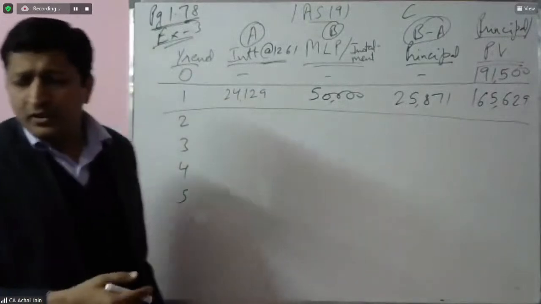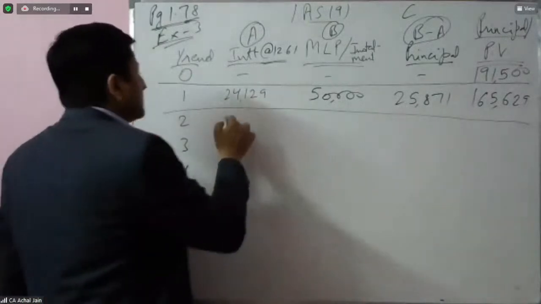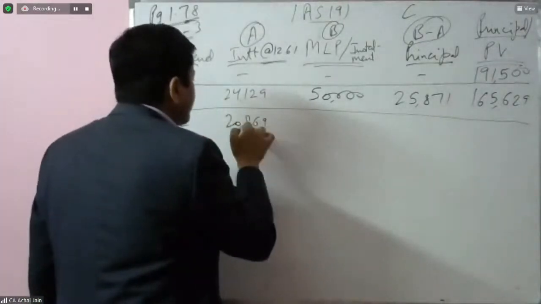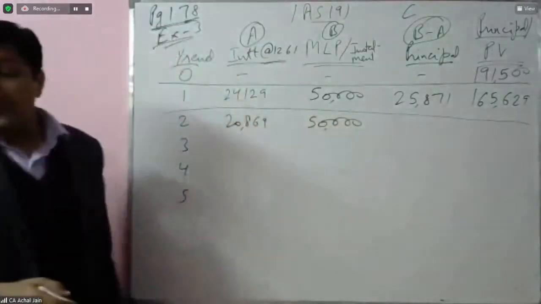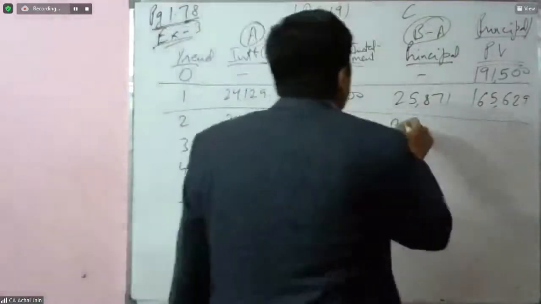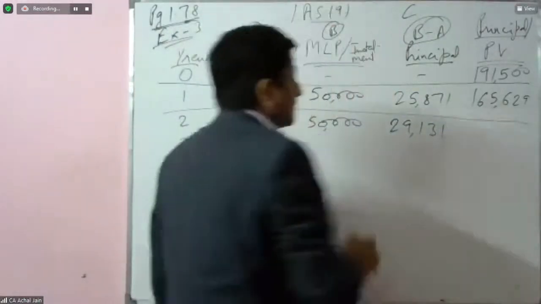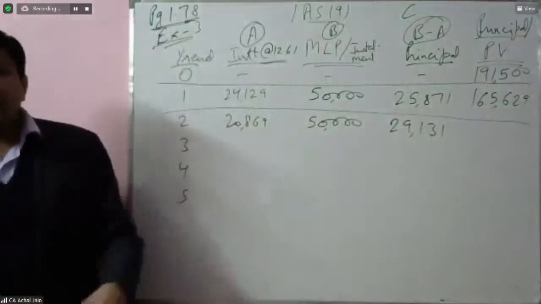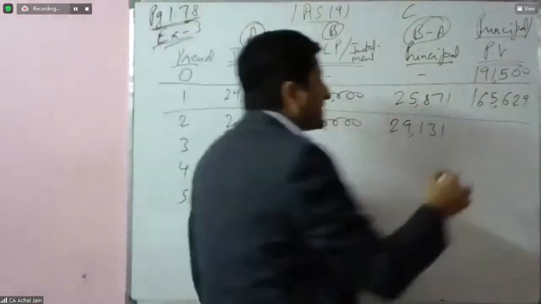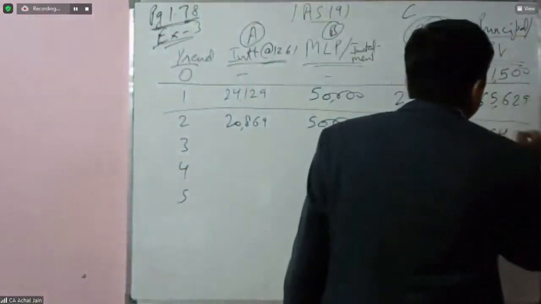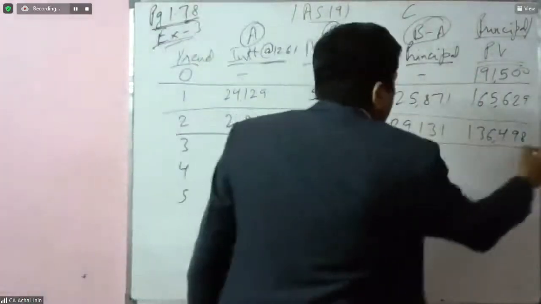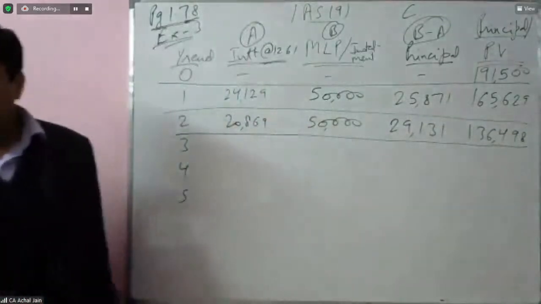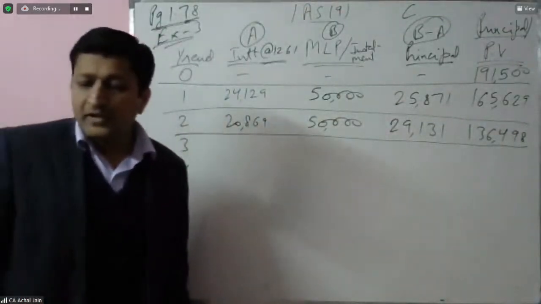Same thing will continue year on year. So now we have 20,869. Here again we'll pay 60,000. So what is the principal which is getting paid? 29,131. And what is the outstanding balance? 136,498. Then once again we'll compute the interest.